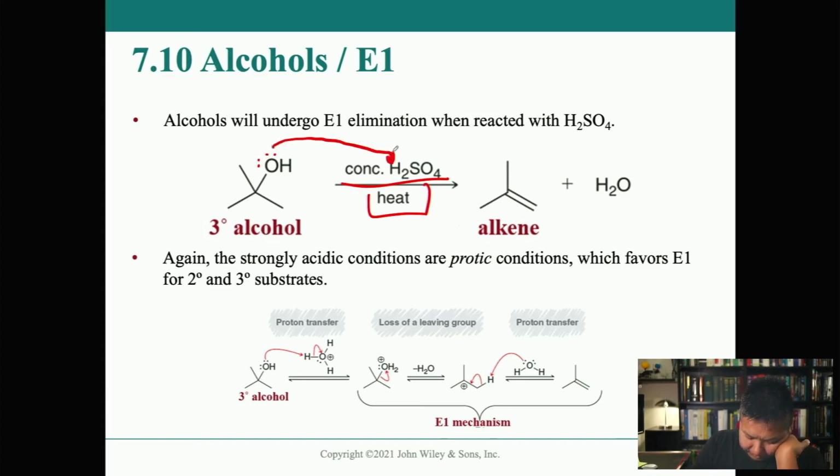And then you'll have the water now attached to the alkyl group, and water is a good leaving group, so it just leaves on its own, right? And when it leaves on its own, a proton over here will be deprotonated by the water.